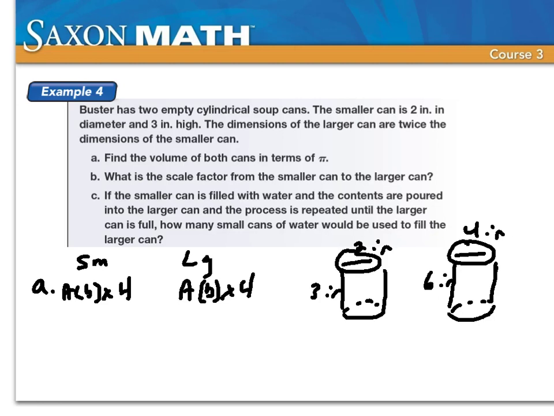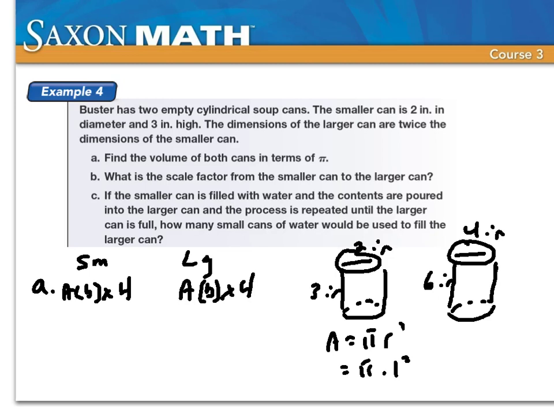For the area of the circle, it says to find it in terms of pi. So our area formula is pi times the radius squared. We're going to leave it in terms of pi, and if the diameter is 2 inches, then the radius is 1 inch, so times 1 squared. Well, 1 squared is 1.